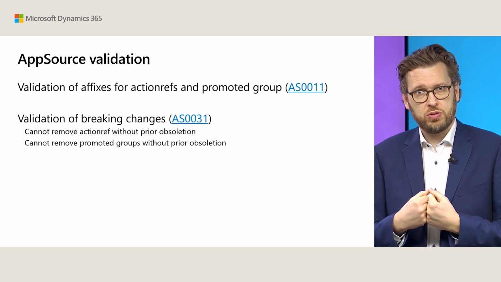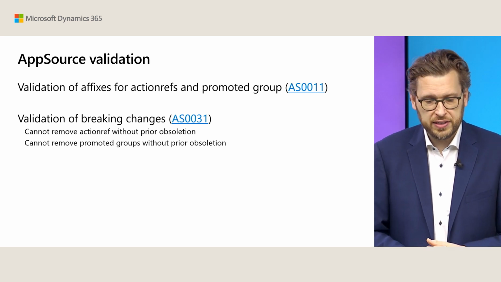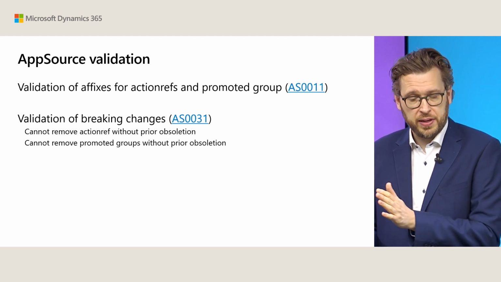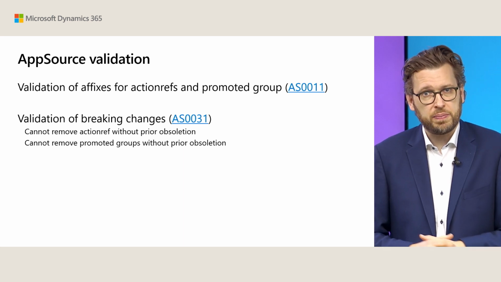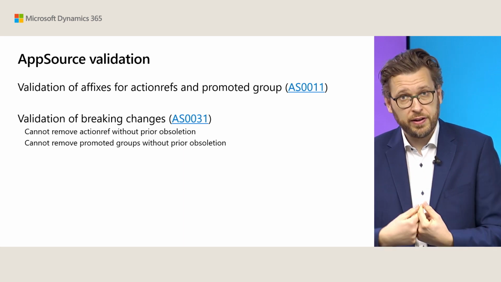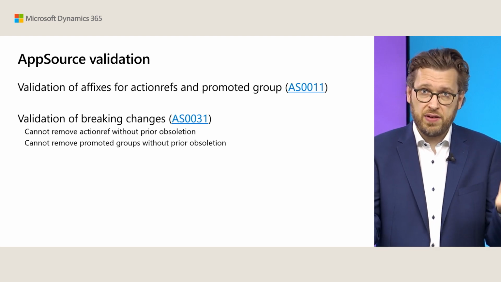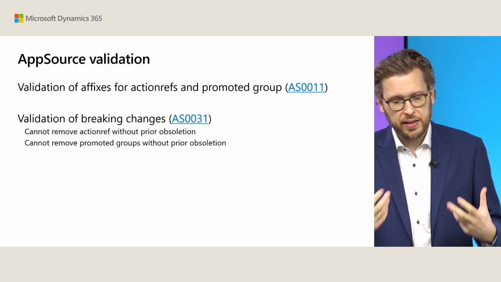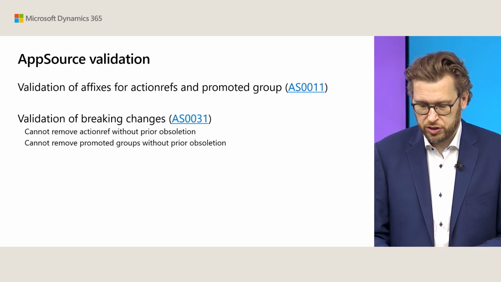And we are also going to validate for breaking changes in these concepts so that you cannot just remove an action ref without it being obsoleted or remove promoted groups without them being obsoleted, because anyone building on top of your AppSource apps might have extended those and have anchors that point to those, right? So just like with all objects, there's an obsolescence story and a validation for breaking changes.